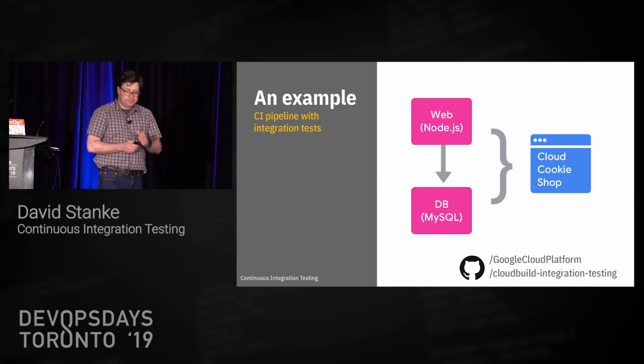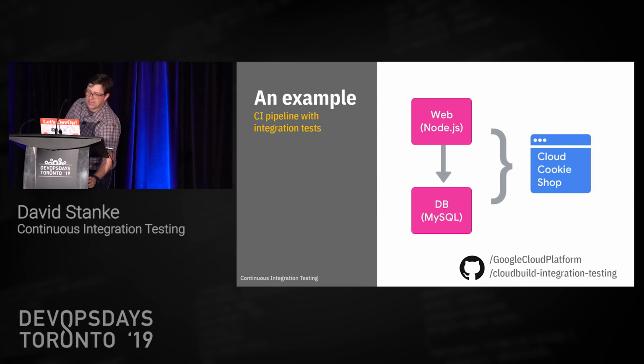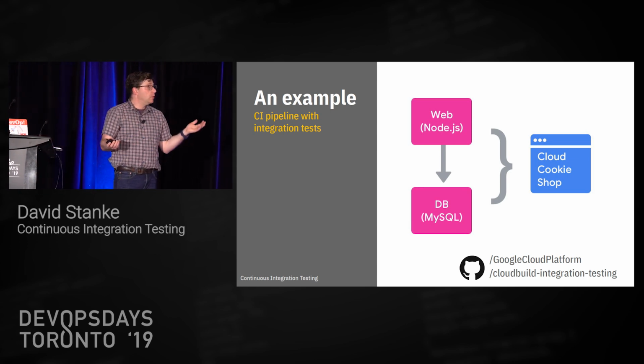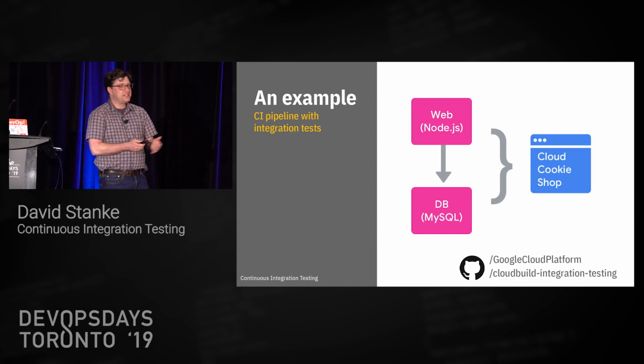So here is a simple application, a microservice application with two services, a web front end and a MySQL backend. And this is only two, not a huge elaborate microservices application, but we all know that there are only three numbers, 0, 1, and infinity. So this has infinite microservices.